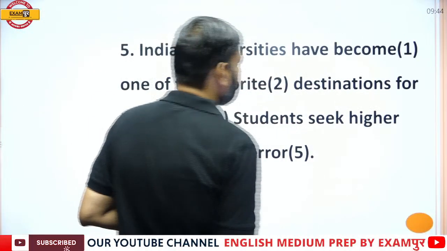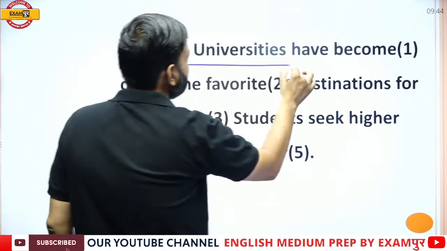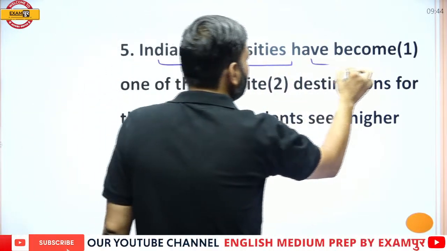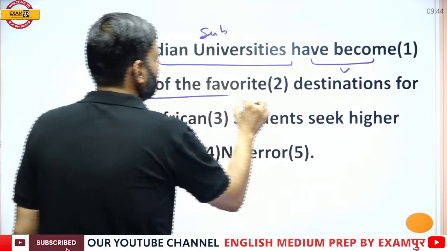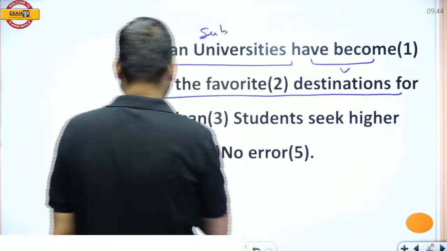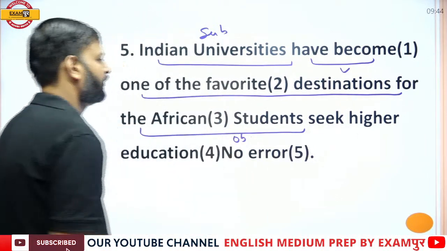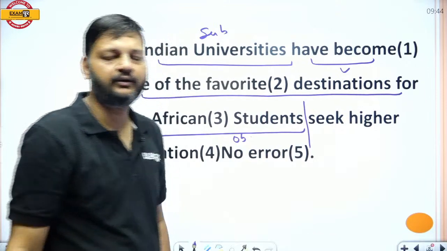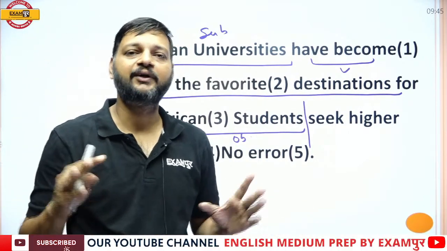So now in this sentence, Indian universities, this is subject, have become, this is verb, one of the favorite destinations for the African students, this is object. So up till here the clause has been completed.